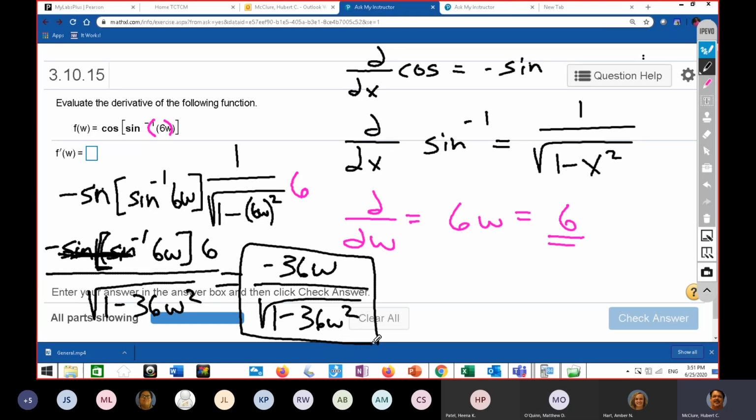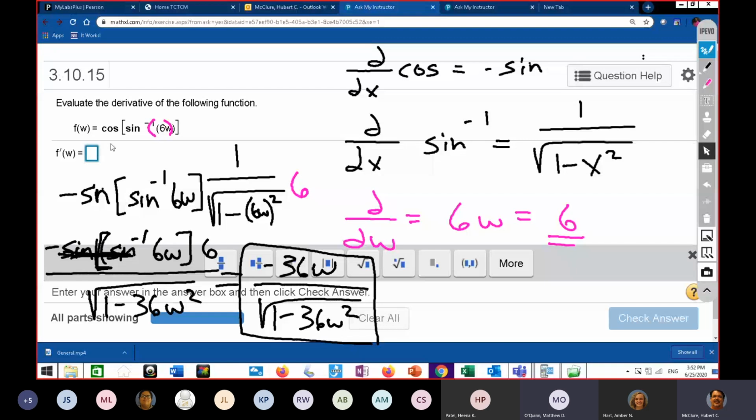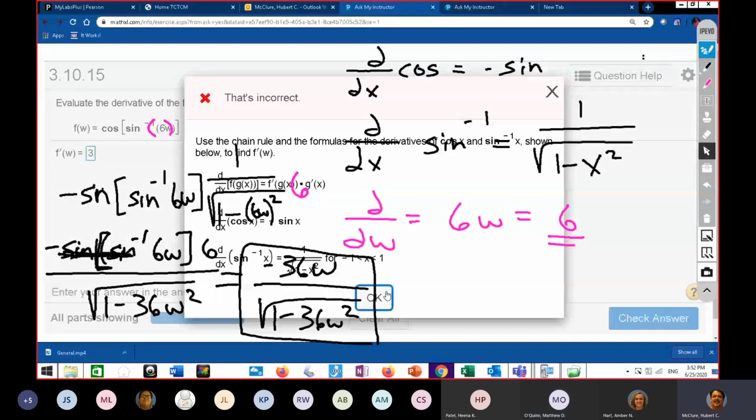Now, I will tell you this, there's a lot of students that wouldn't write that as the answer. They would have written this as the answer. They wouldn't catch that. But we're going to go through and see. They'll take a wide range of answers when they don't ask to be simplified, except for the right one.